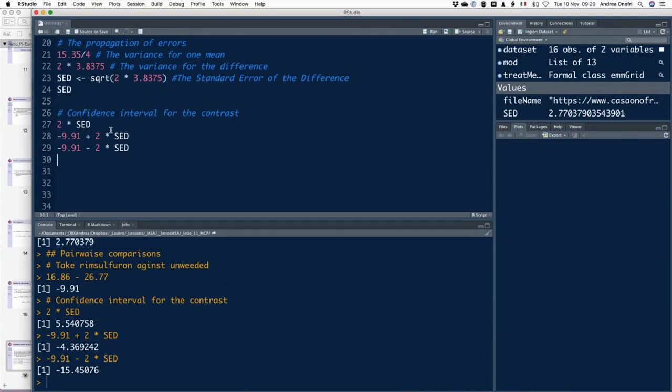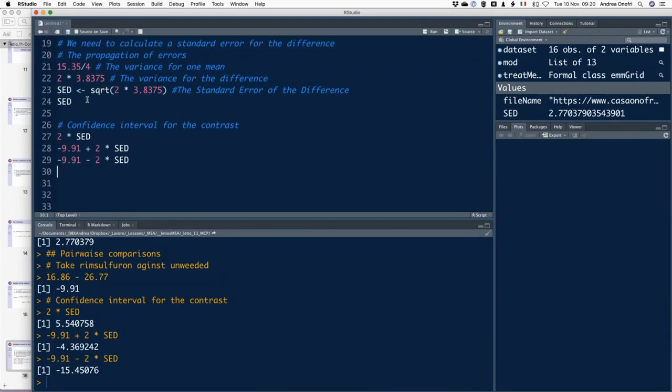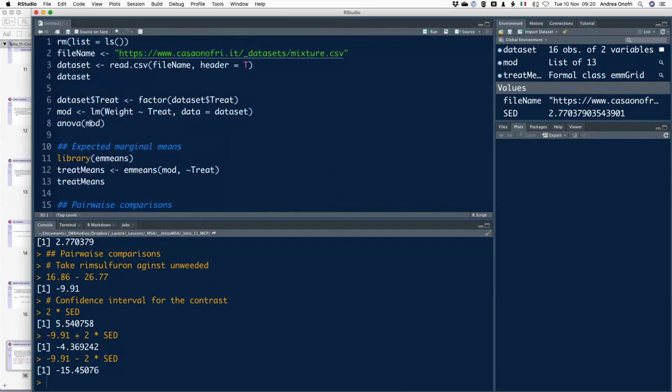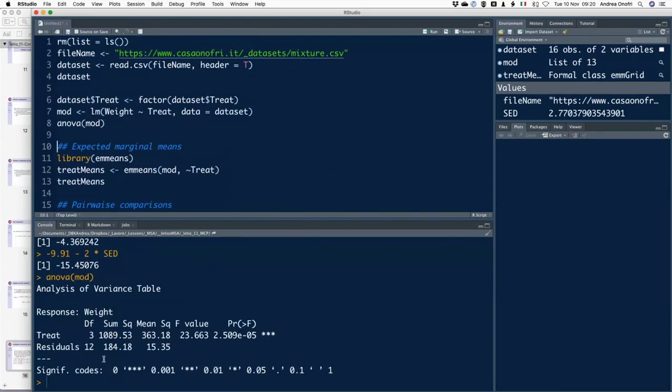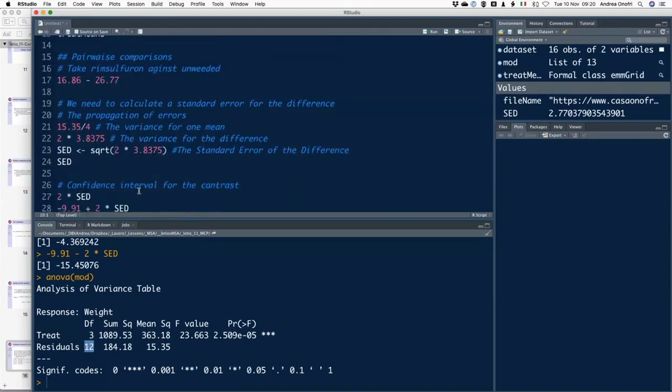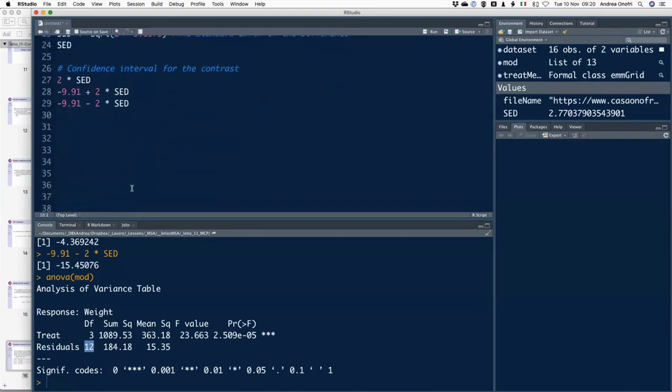We might also calculate a more precise confidence interval. If we look again at the ANOVA partitioning, we see that the SED was calculated starting from the residual mean square, which has 12 degrees of freedom. So the SED, standard error of the difference, has 12 degrees of freedom. But 12 degrees of freedom is lower than 20. So we might expect that 2 is too small a multiplier.